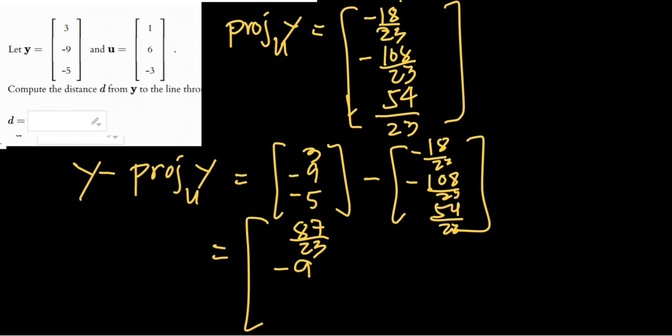Positive? Is it positive? Yeah, positive, 9 over 23. Sometimes we forget the basics. So negative 5 plus 54.